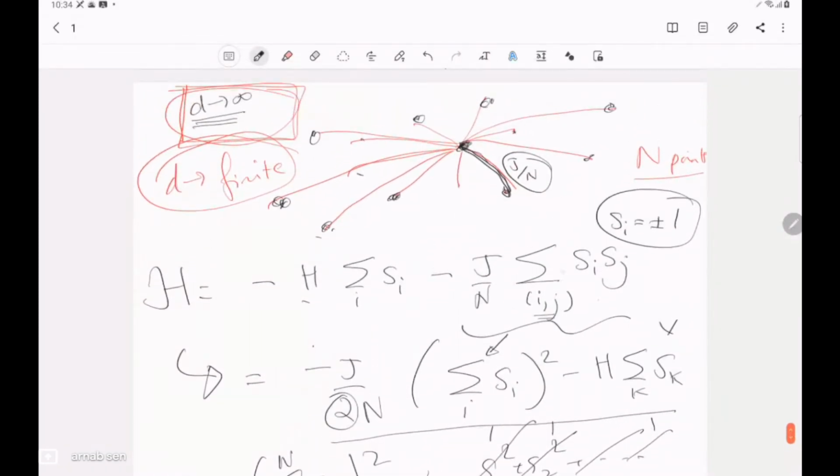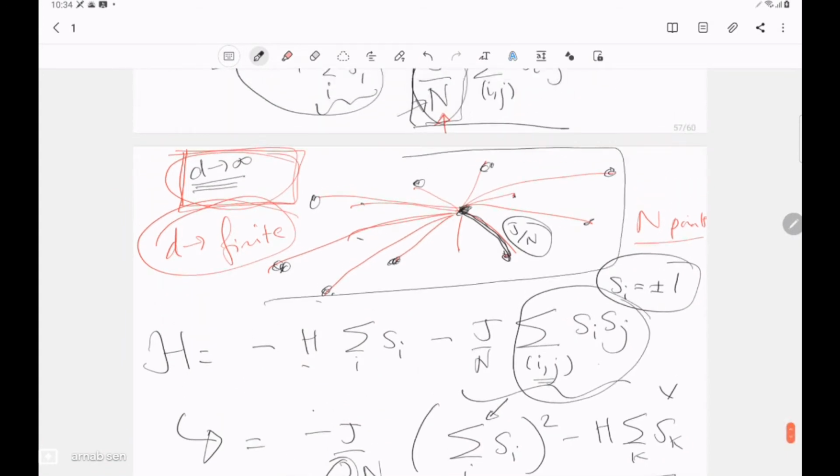One thing is this thing, or if you want pictorially, this thing, that each spin interacts with every other spin. That is exactly what happens when the concept of neighbors is gone, which is what happens when d tends to infinity. Then you cannot say, okay, this is my first neighbor, second neighbor; everything is interacting with everything else.